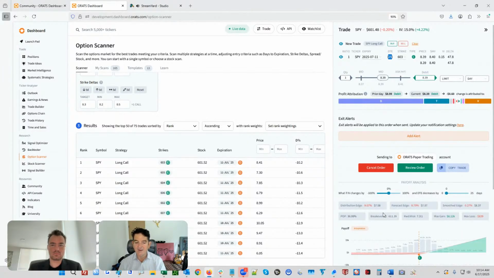So I want to move on to forecast next. Yeah. So for the forecast, we look at the historical volatility right now, and let's say it's something like a 15.